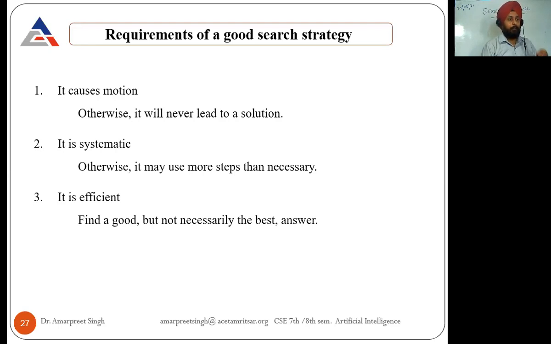Find a good but not necessarily the best answer. If it is not efficient, you can find a good solution, but maybe not the best solution. But we should always try to find the optimal solution, that is, the best solution. So choosing a strategy is very important, and you should choose strategies which have these characteristics.